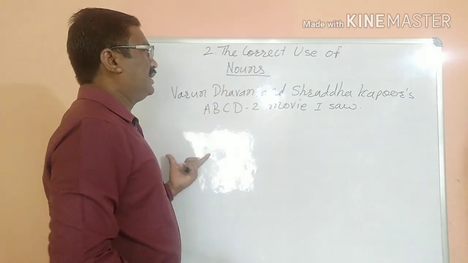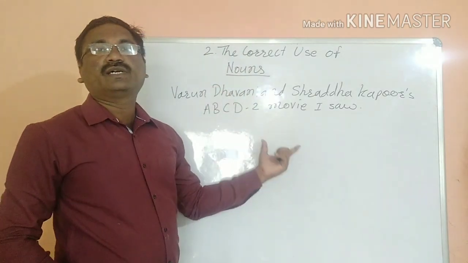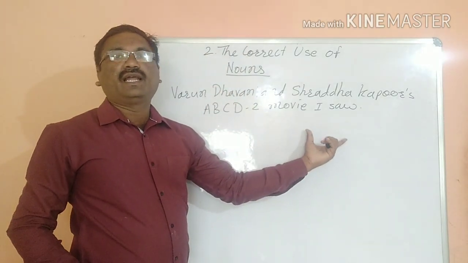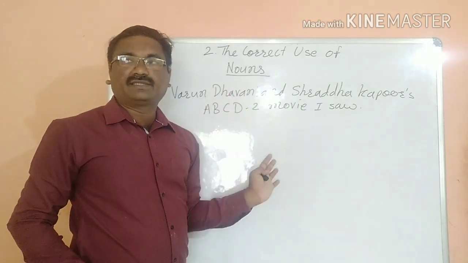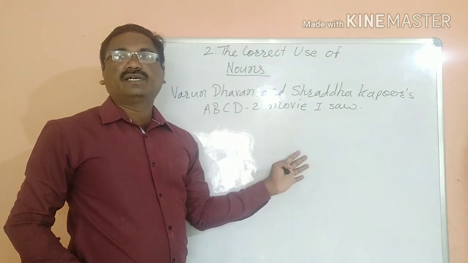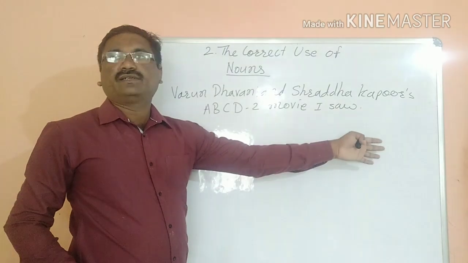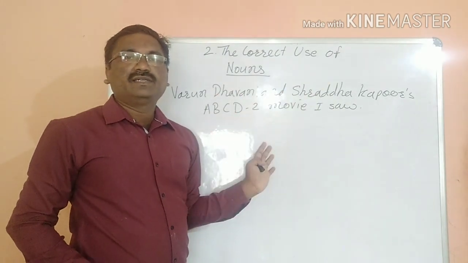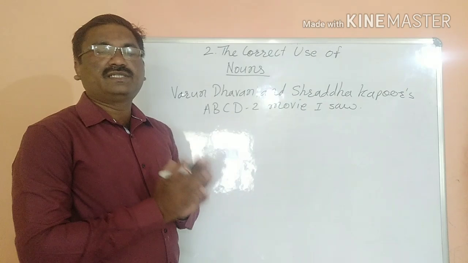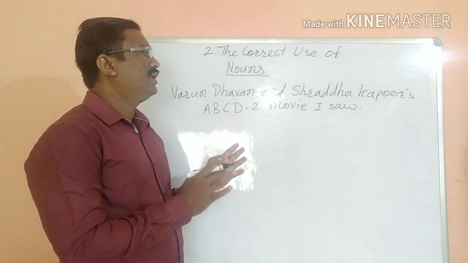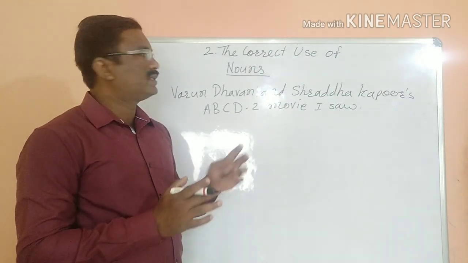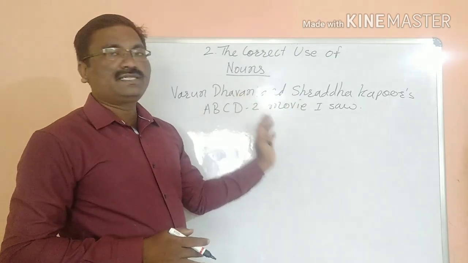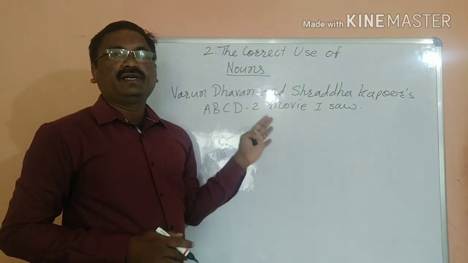Or you can say Sehwag and Tendulkar's inning I liked in last match. So when work is done together by two persons, two nouns are there, so the last word will take apostrophe s.